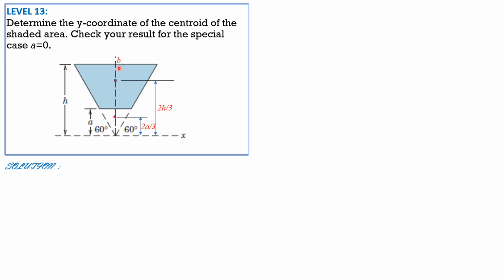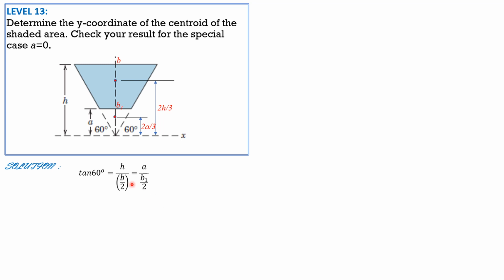We will call the base of the bigger triangle B and the smaller triangle B1. From the figure, tangent of 60 degrees is opposite H over this distance, which is half of B, so B over 2. It is also equal to A over B1 over 2.